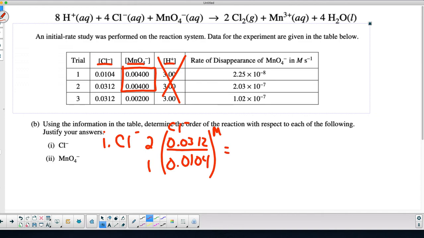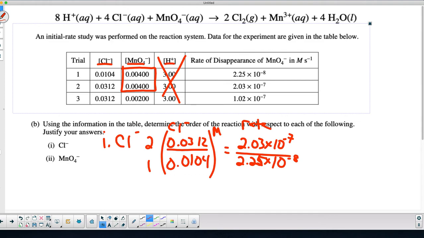And then we're going to compare it to the rate. So the rate in trial number 2 is 2.03 times 10 to the negative 7th. And then divide that by the rate in trial 1, which is 2.25 times 10 to the negative 8th.